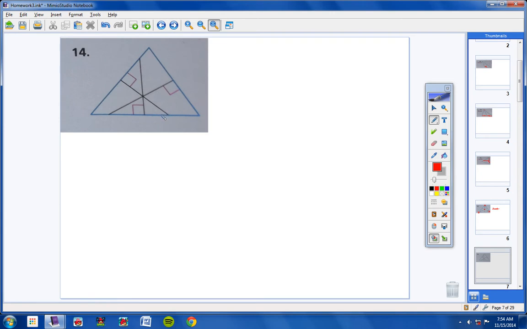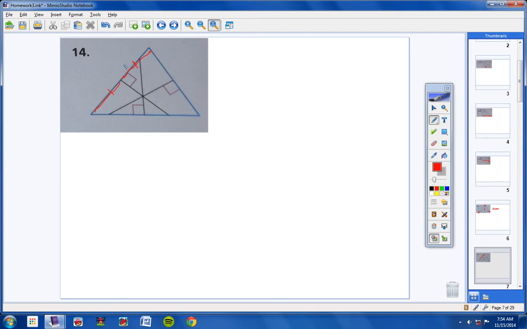Now here we have... they've made a mistake here in the book, guys, and I hope you caught this. These are supposed to be perpendicular bisectors, and there's no mark. Like this side here should have a mark, and this side here should have a mark.